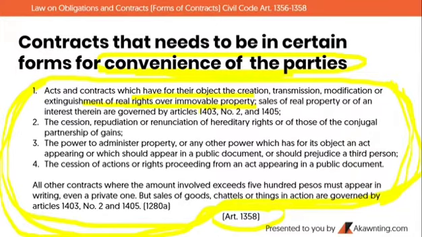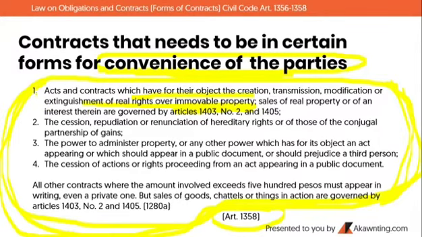So, medyo malalaking value ang involved sa mga real mortgages kasi di ba pag real mortgages ang object nun ay isang real property or immovable property which is nabanggit nga dito, di ba? Okay? So ayan, mahirap naman sigurong patunayan sa korte kung sakaling nagloko yung kabilang party kung verbal lang yung contract natin regarding the real mortgage.